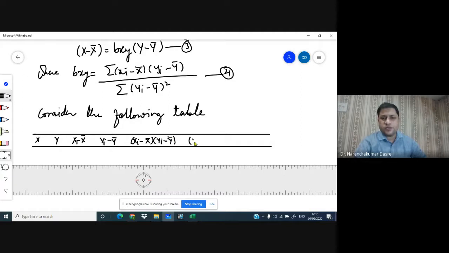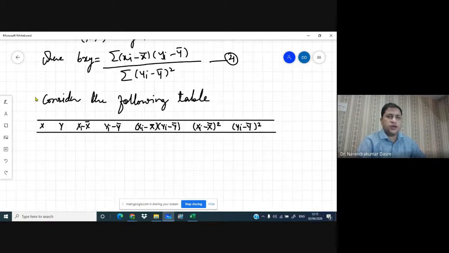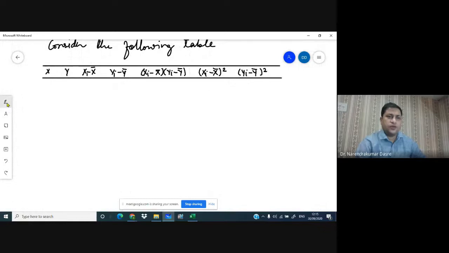Then we want the squares: xi minus x bar square, and yi minus y bar square. So these are the columns that we want.